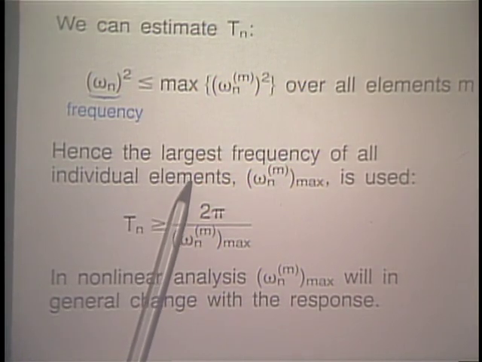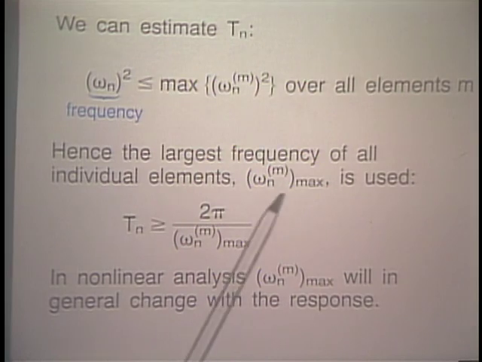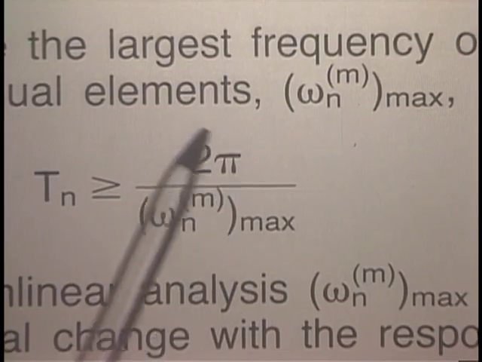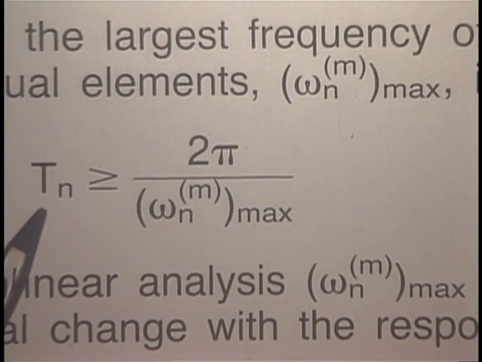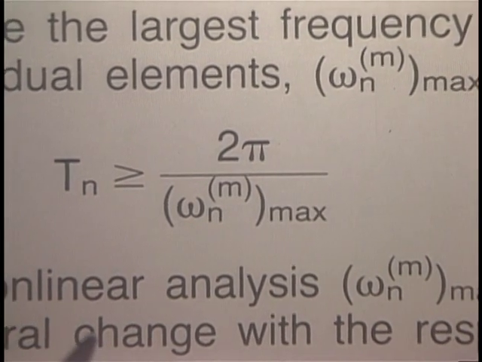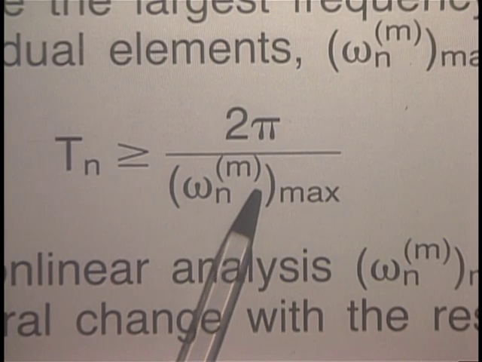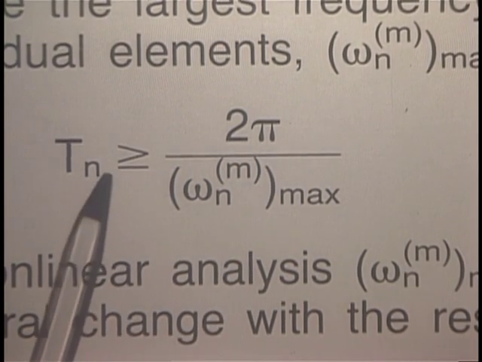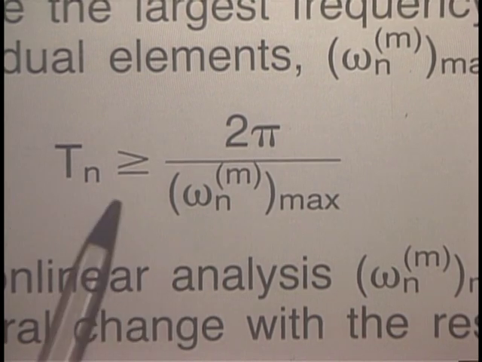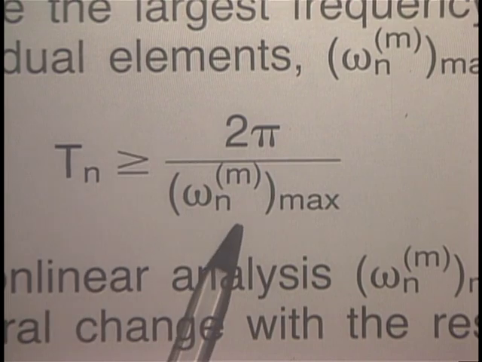So we want to calculate the largest frequency of all individual elements, and with that largest frequency we enter in this equation here to get a bound on Tn, noting of course that in nonlinear analysis omega nm changes, just the way I said earlier, Tn will also change. But also omega nm changes and Tn correspondingly changes, this equation is always satisfied.